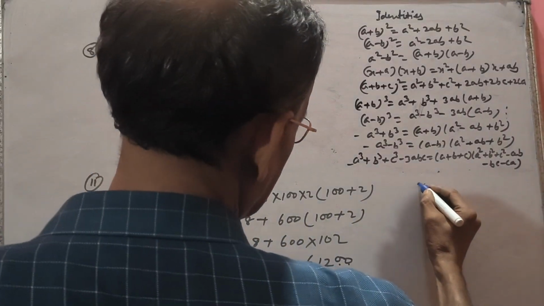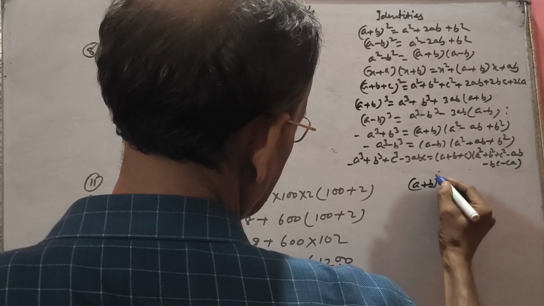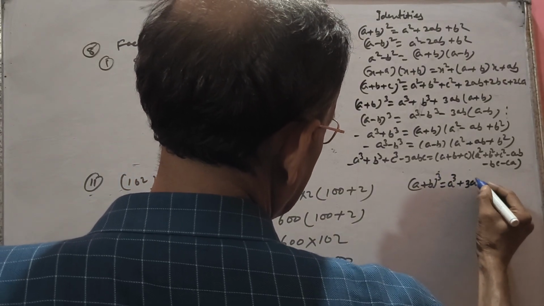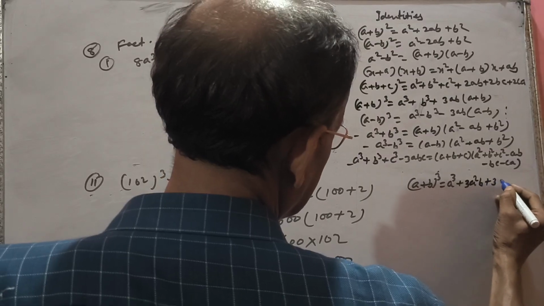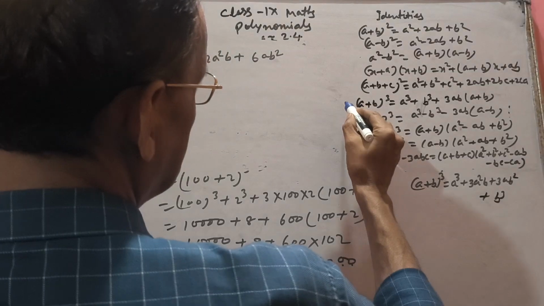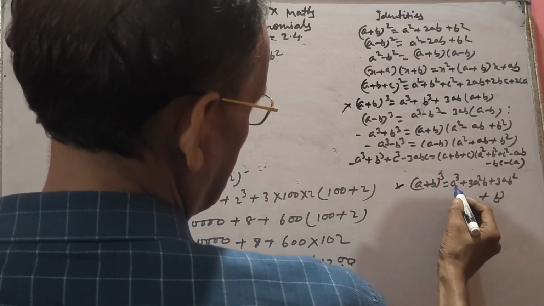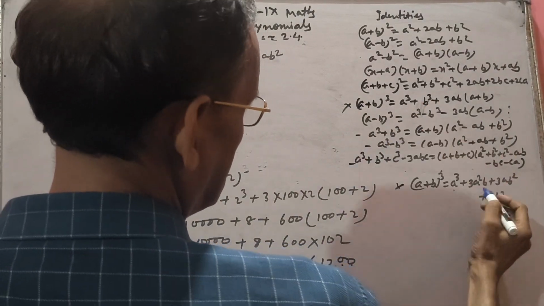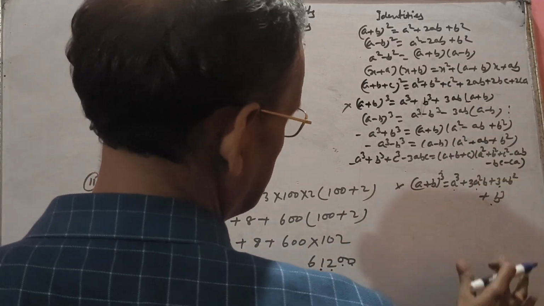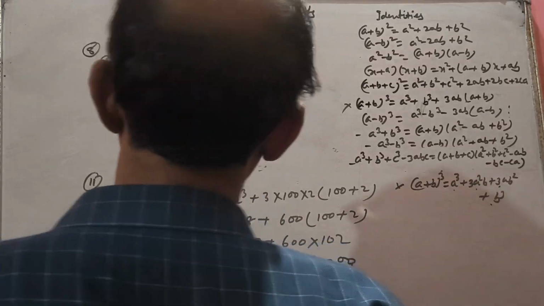See, the a plus b whole cube formula, the first form can be a little bit different. It can be a cube plus 3a square b plus 3ab square plus b cube. See, this and this are the same formula. Take a cube plus b cube, and from these two terms 3ab is common, so 3 into a plus b. This and this are the same formula.